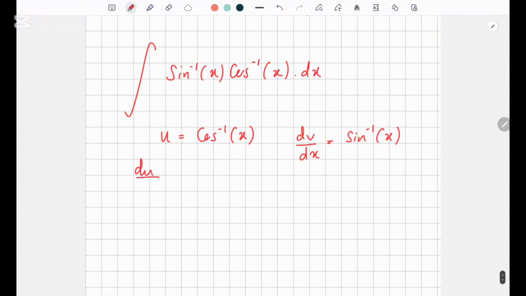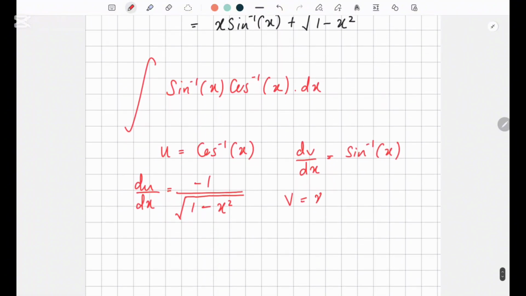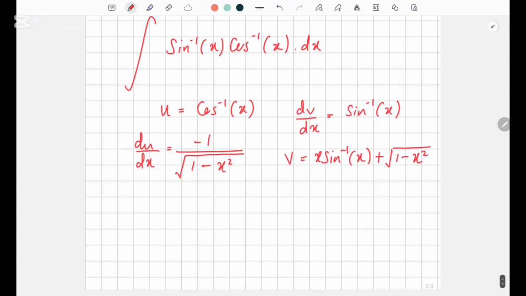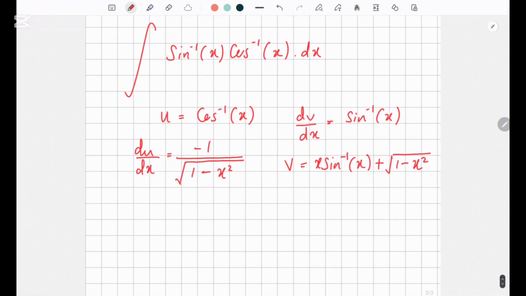So we wrote du over dx equals 1 over root 1 minus x squared, with a minus in front of the 1. And to find v, in this case, now we found it, v equals x sine inverse x plus root 1 minus x squared. Now let's use our formula.